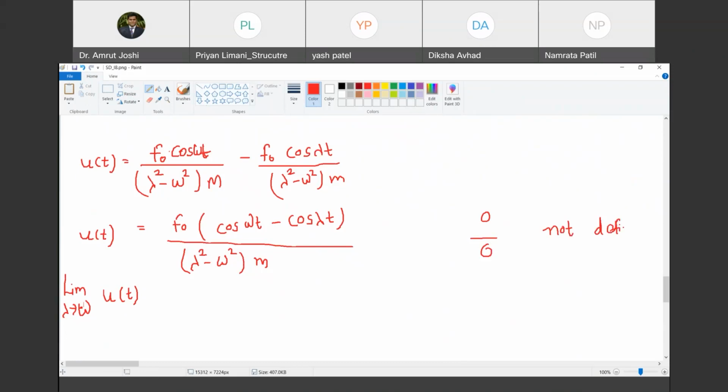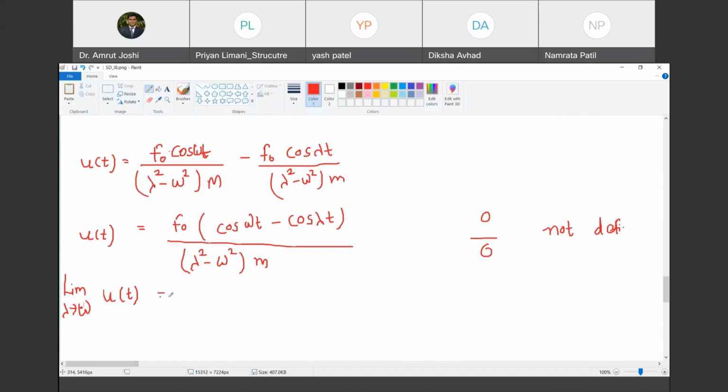We don't understand what exactly is 0 by 0. Both numerators and denominators are tending to 0, but they may tend to 0 at different rates, and therefore this limit may in fact have a real value. So इसलिए हम क्या करते हैं? We apply something called L'Hopital's rule. So वो हम करने वाले हैं.